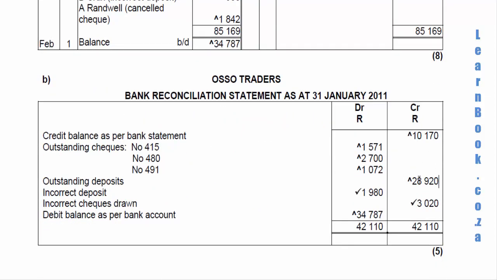So we reflected it in the bank reconciliation statement on the credit side, saying that we are waiting for these funds because we have already updated our bank ledger account.